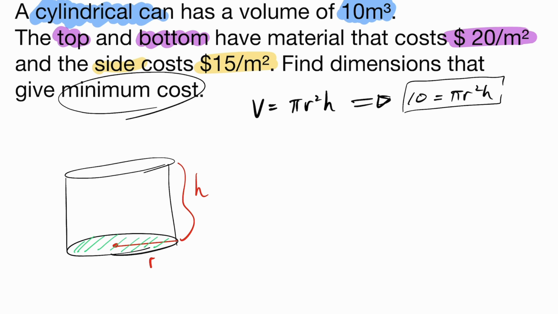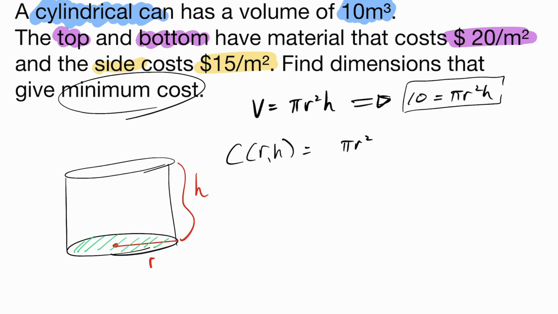So now what we want to do is find the dimensions that minimize cost. So I'm looking to minimize cost of this expression. My cost is going to be composed of two variables right now, r and h. So it's a multivariable function currently. And the cost of this function is essentially your surface area, but you have to attribute a stronger cost to the top and bottom, i.e. 20 versus 15. So the area of the top and bottom, the area of a circle is pi r squared.